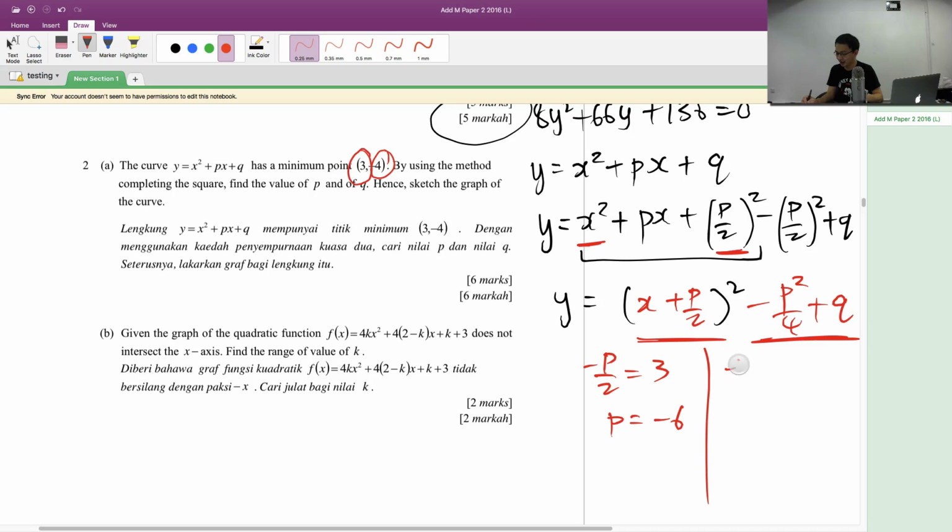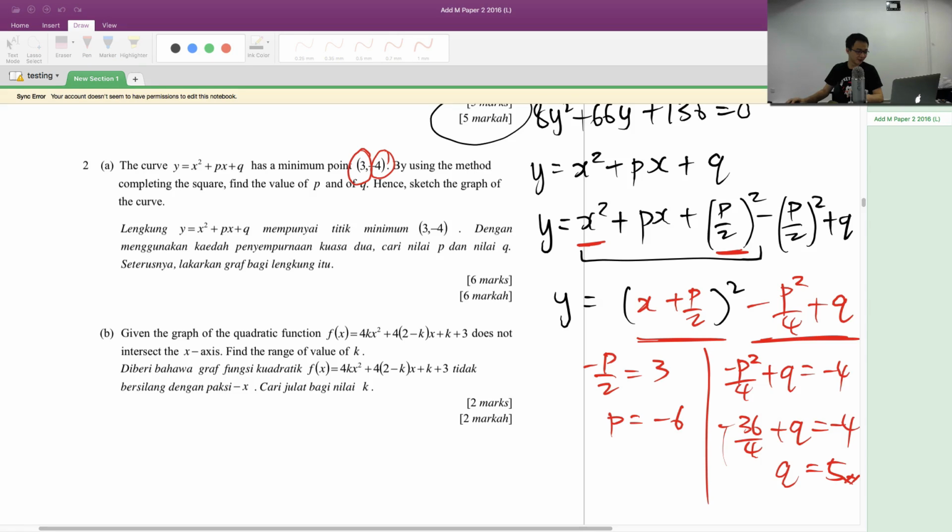So negative p squared over 4 plus q equals -4. Then we solve this: negative 36/4 plus q equals -4. This is -9, so q equals 5. So we get -6 and 5. Shouldn't be any problem, right? For this one, 5 and -6.